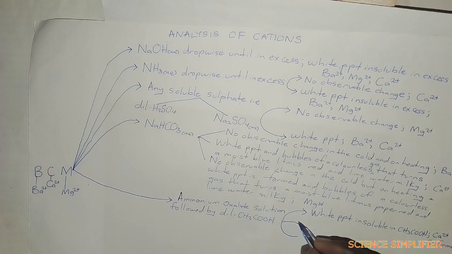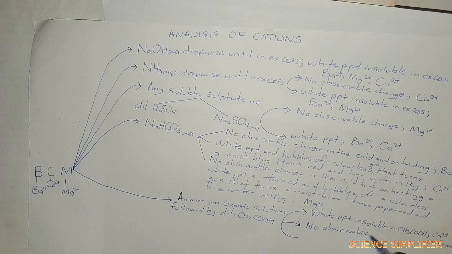Now the next observation, you can have no observable change. For no observable change, just know you are having magnesium ions.